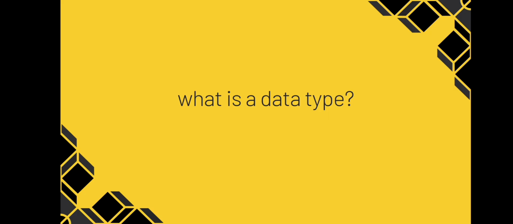So now let's discuss what is data type. When we talk about data types in the programming world, a data type is the set of quantities that belong together and are of a similar category. Data type is used so that the compiler or interpreter of a programming language can be told about the data which is to be used, what type of data it is.